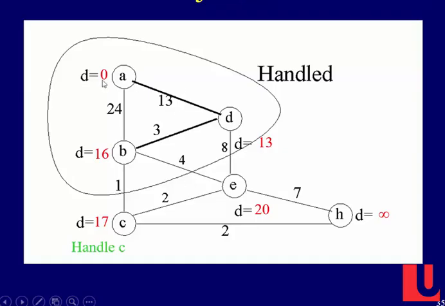Instead, you get here for 13, and 16 plus 4 is 20. Why is this 16 plus 4? Because this is a handled path, and this is not a handled path. So we've not looked at this edge yet. This edge, as far as we know, doesn't exist yet. So don't tell me that this is a 19 that relies on that edge, which we haven't looked at yet. Yeah?